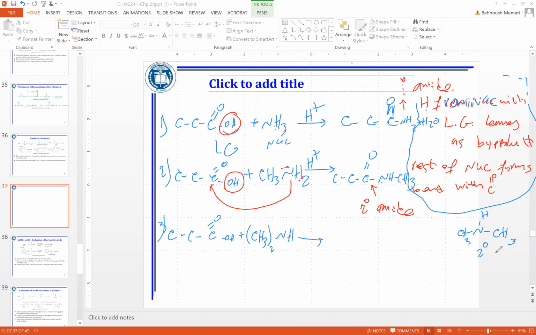This is a secondary amine. Carboxylic acid plus a secondary amine is going to give you a product. The product is going to be amide. If you follow this pattern, I want you to just read the pattern and tell me what is the byproduct. Based on the pattern, what is the byproduct?